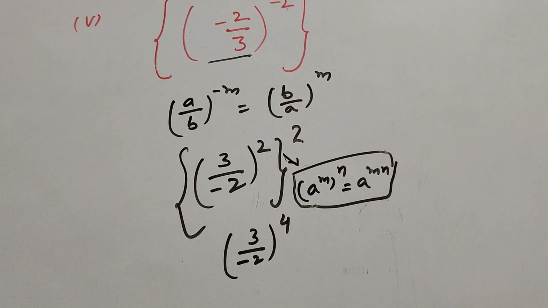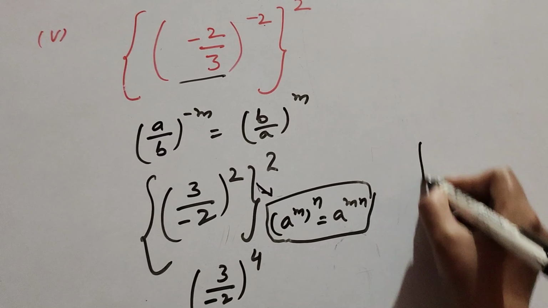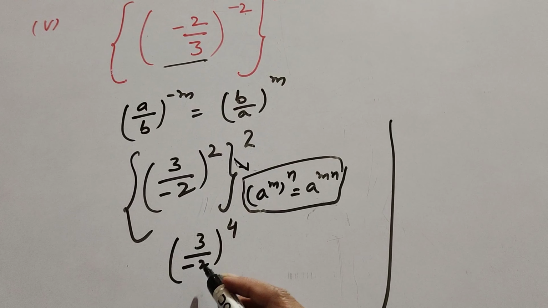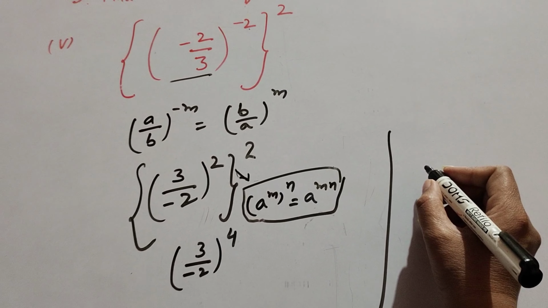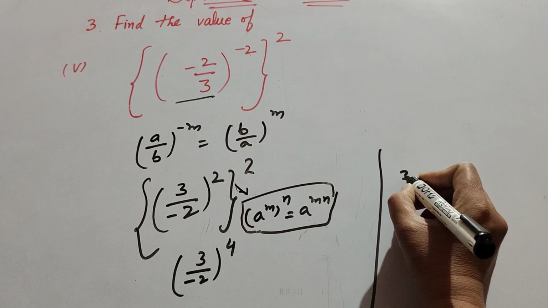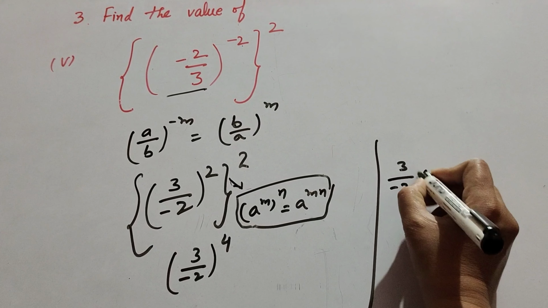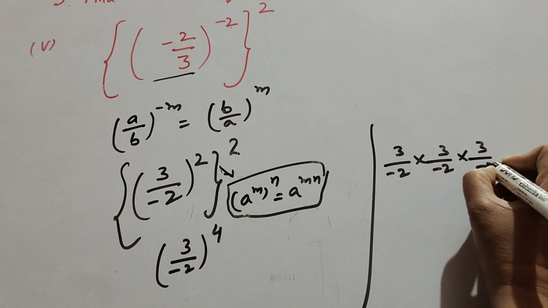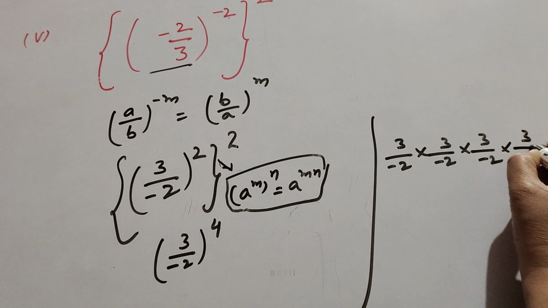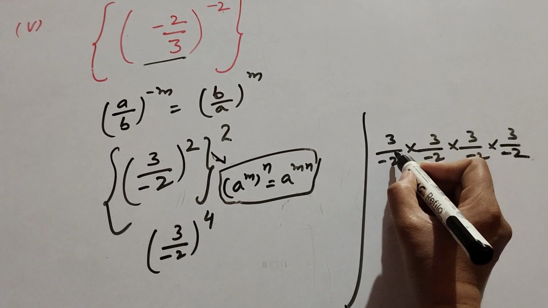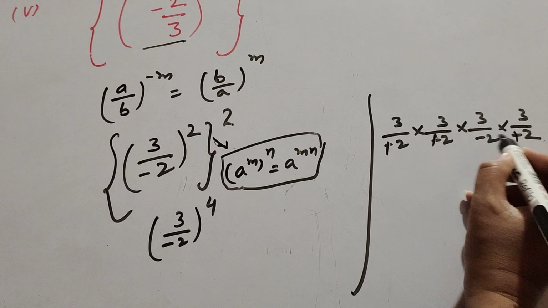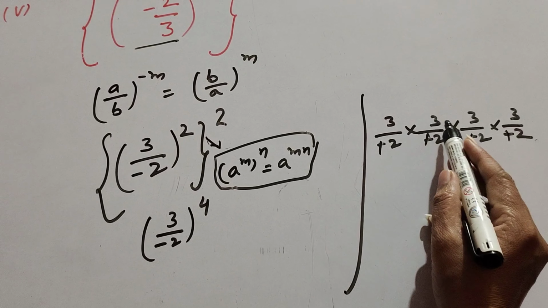To simplify this power, (3 over minus 2) raised to power 4 means it is 4 times repeated multiplication of 3 over minus 2. So 3 over minus 2 multiply 3 over minus 2 multiply 3 over minus 2 multiply 3 over minus 2. In the denominator, minus times minus gives plus, and this minus 2 multiplied by minus 2, again minus times minus gives plus.